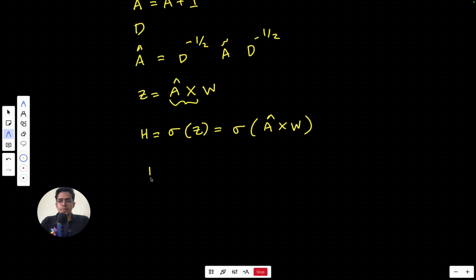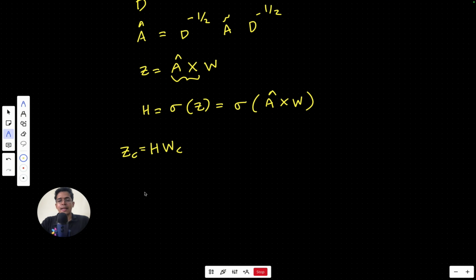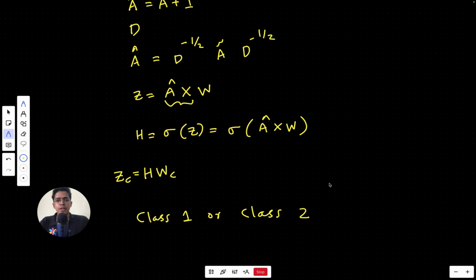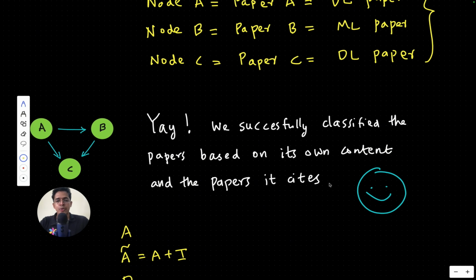We defined Zc equal to H times Wc. This Wc was the classification weight matrix. Based on this, we decided whether each node belongs to class 1 or class 2. So this is how we perform node classification using convolutional graph networks or convolutional graph neural networks.